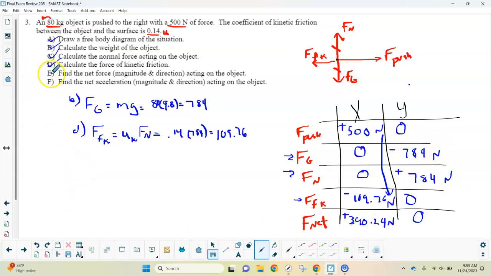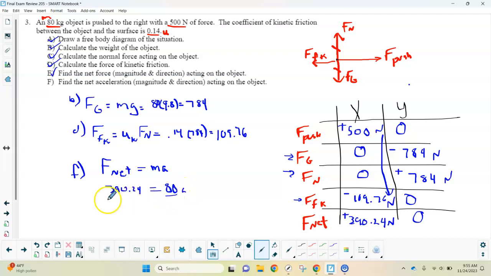And then finally for F, we're going to do Newton's second law, which is the net force is equal to the mass times the acceleration. So we got the 390.24 here, and that's equal to m, which is 80, times a.